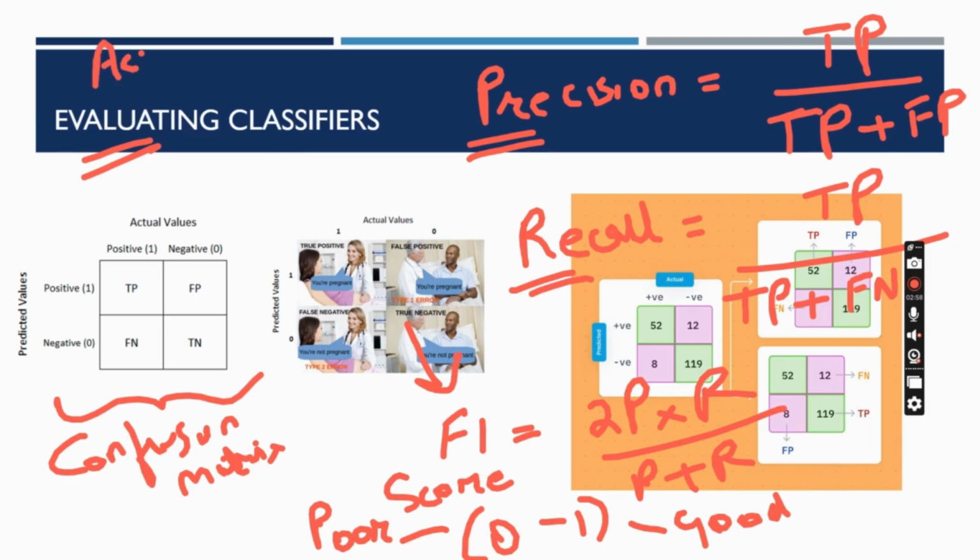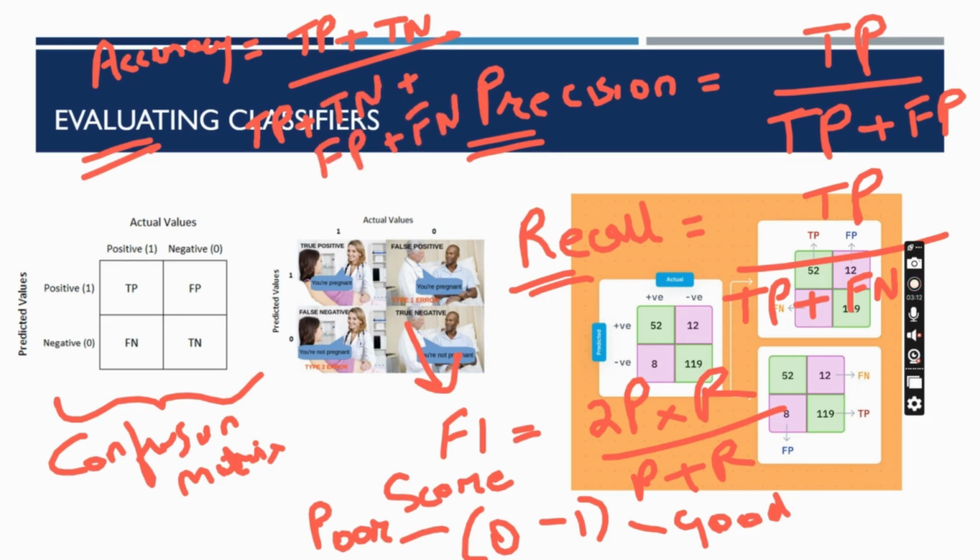Other than that, a lesser used value is the accuracy, which is true positive plus true negative upon true positive plus true negative plus false positive plus false negative. So this is also a very useful measure, but majorly we do not use accuracy, we use the F1 score, which is calculated like this.